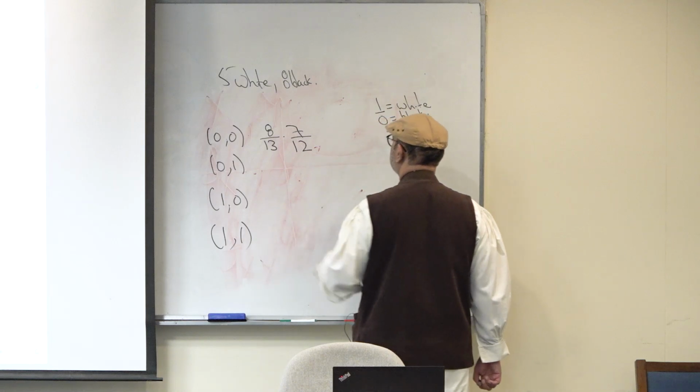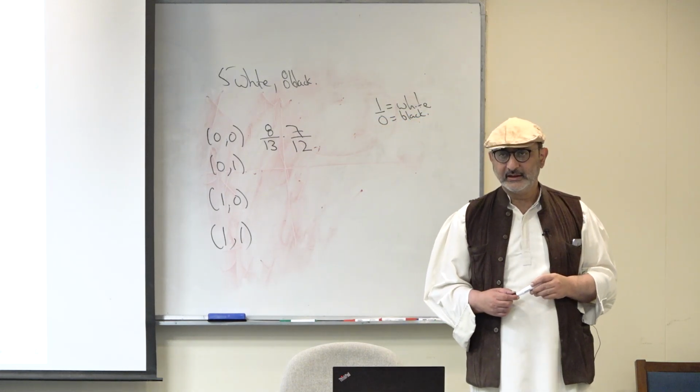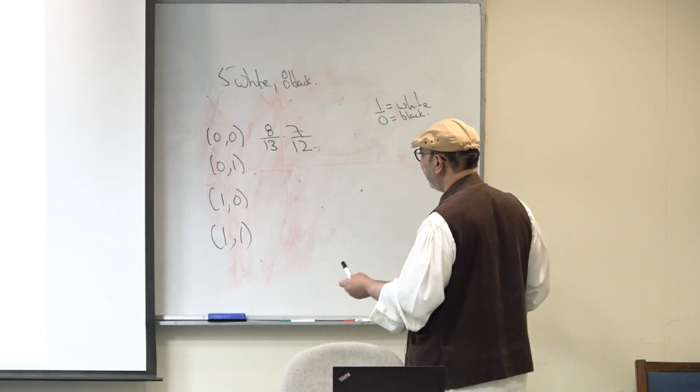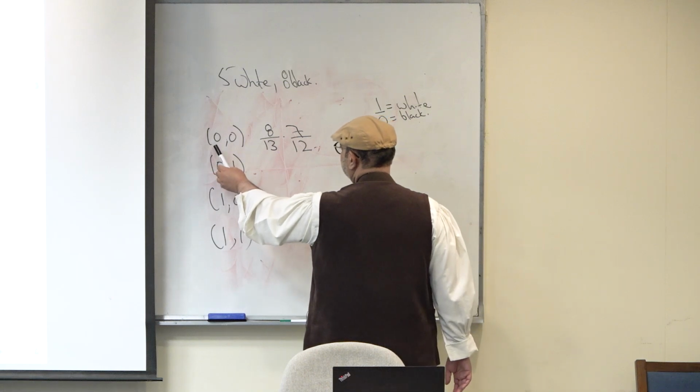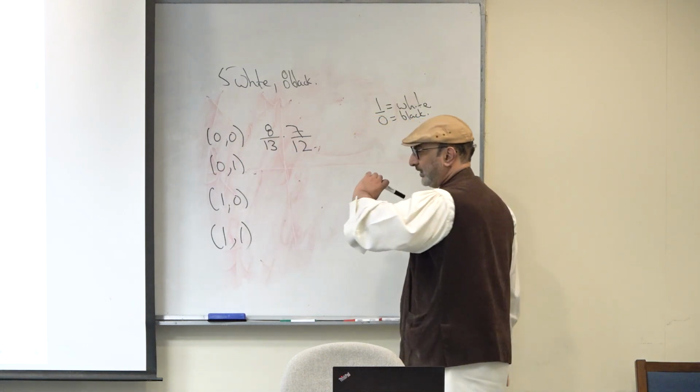Do we agree? That's the probability of drawing a black, and therefore that's the probability that you had x equal to 0 and y equal to 0 after the experiment.